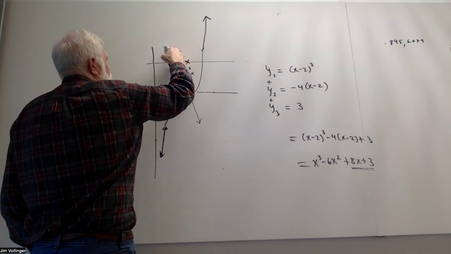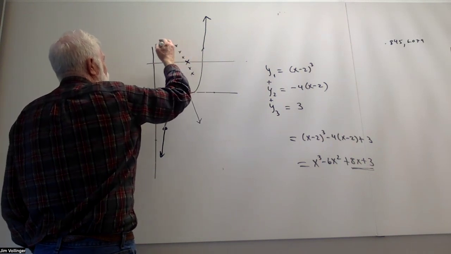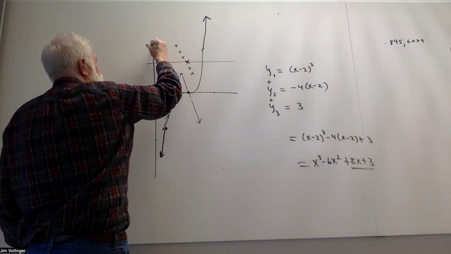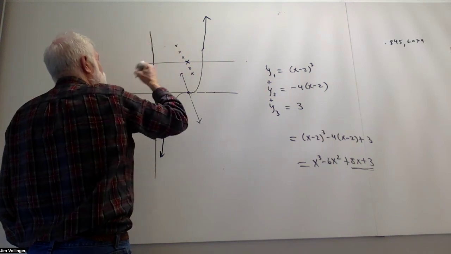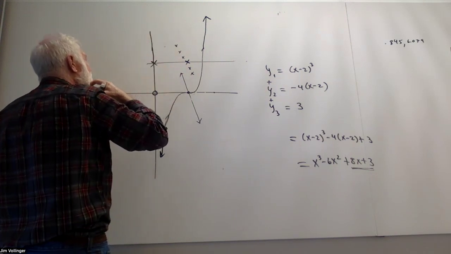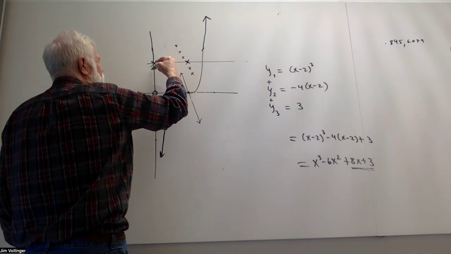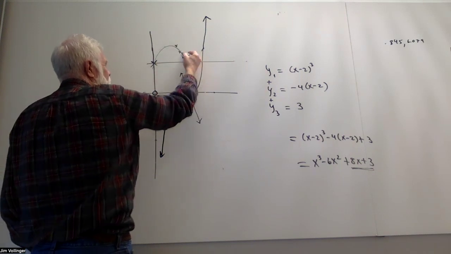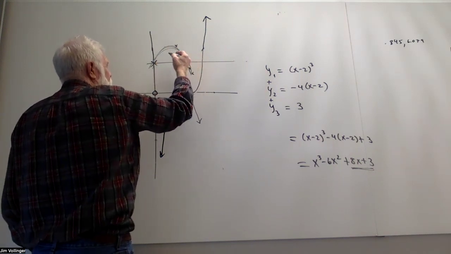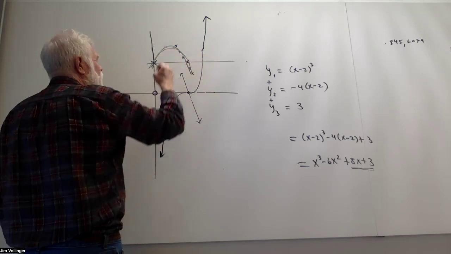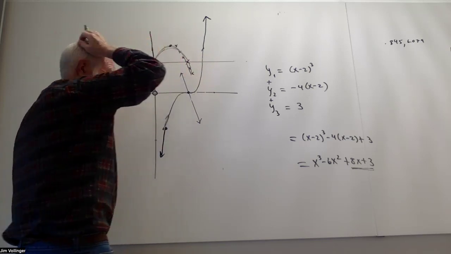That would happen somewhere up here, but that's 3 units. And so it's going to be right there, right? And so we're beginning to get a little bit of a look here.